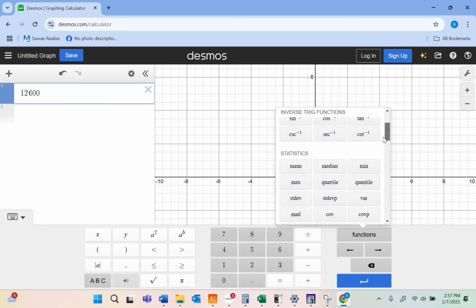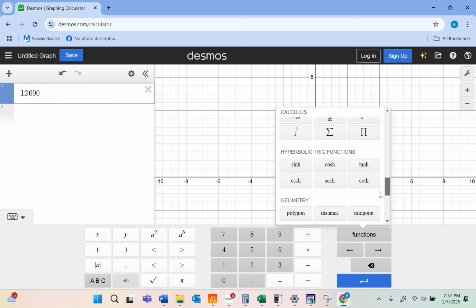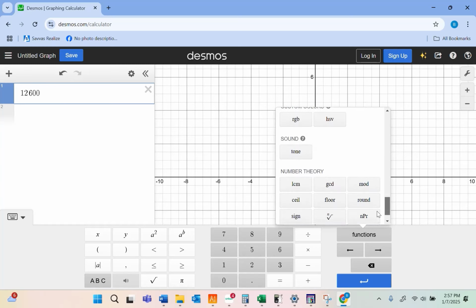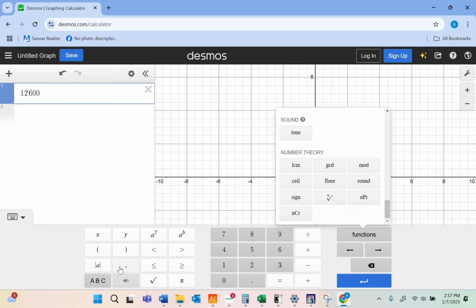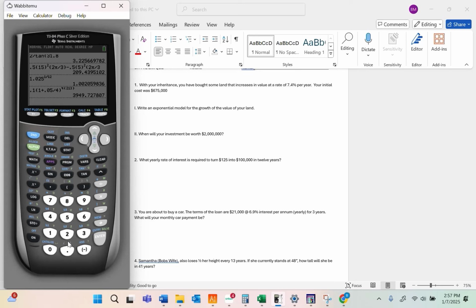Trig, statistics, visualizations, T-score. There's LN. That's why I'm surprised they don't have E. Well, never mind. Desmos won't do it, at least not what I'm seeing.